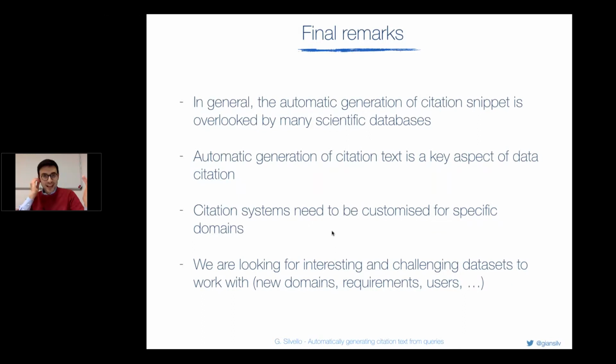But once you have done that, you are in the perfect situation to implement also the automatic generation of citation snippets, because this is a key aspect of data citation. But citation systems need to be customized for specific domains.